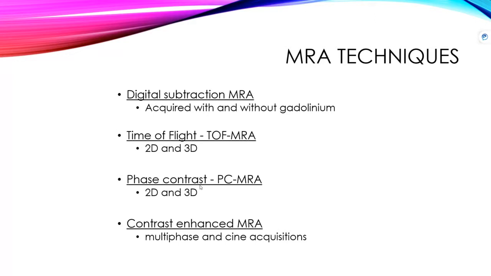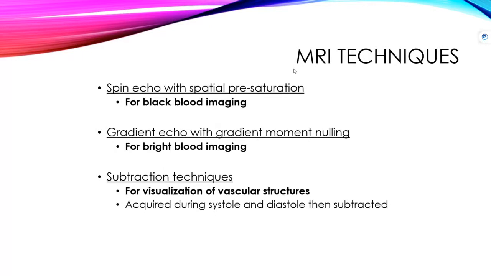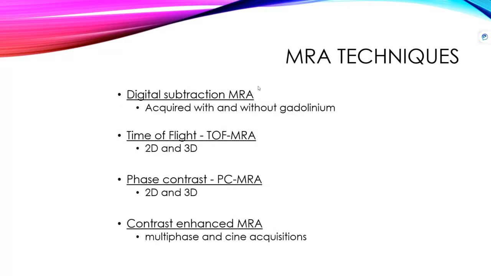Phase contrast, which has to do with getting contrast from the blood based on the phase position. And contrast enhanced MRA, which is multi-phase and Cine acquisition, similar to digital subtraction, but just different processes of acquiring it. So there's these 3 ways of acquiring images in MRI for vasculature, and then there's these 4 ways of acquiring images for MRA blood imaging.